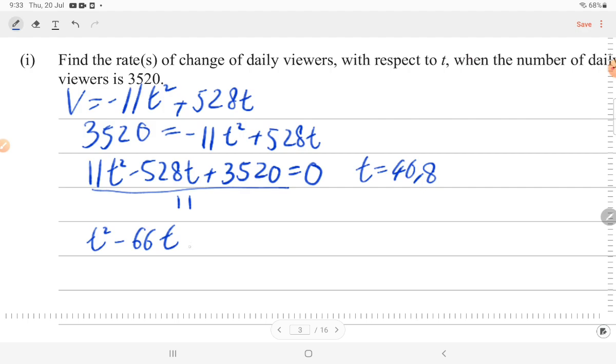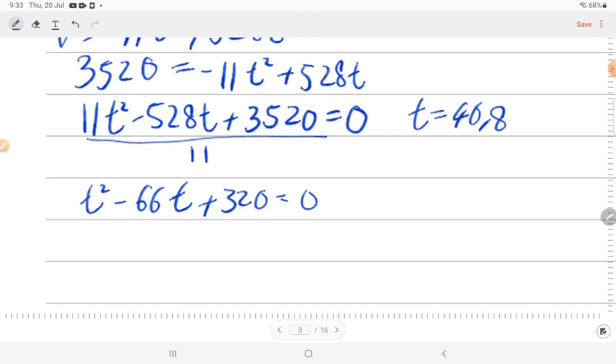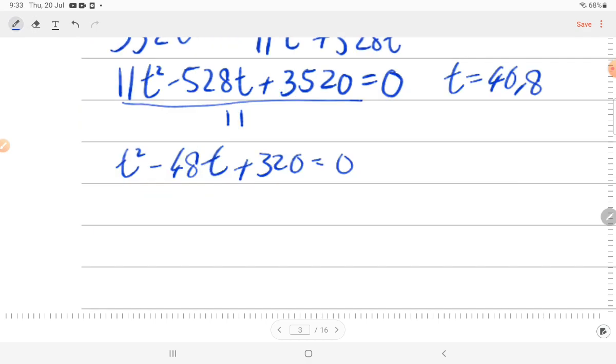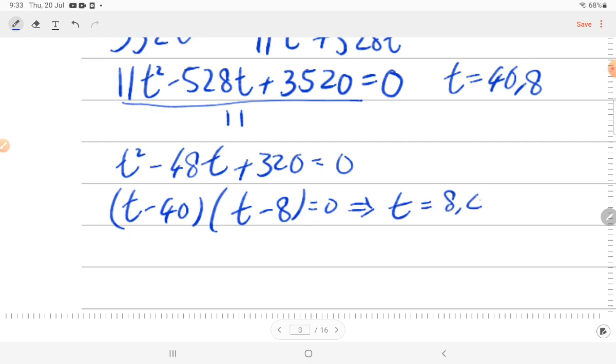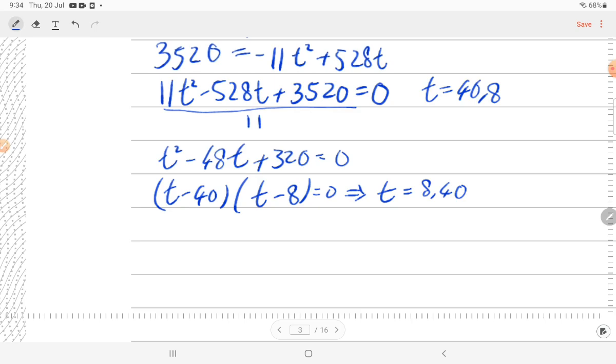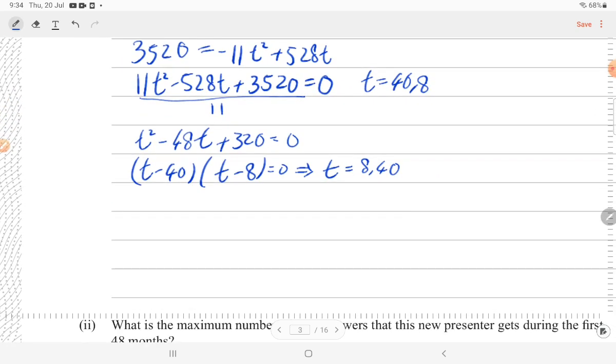Then (t take away 40)(t take away 8) is equal to 0, which gives us t is equal to 8 and 40. So we know that t is equal to 8 and 40.